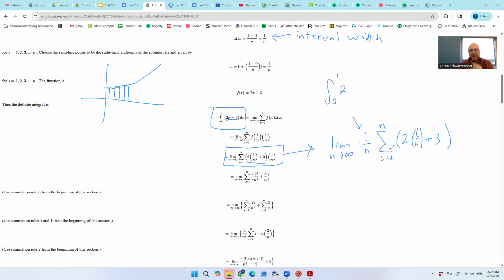The I over n is basically just counting my way down for each box. So that is effectively the x coordinate. That makes sense? And that's all you have to do with this.